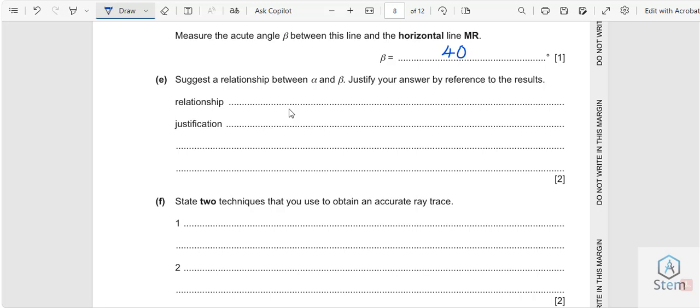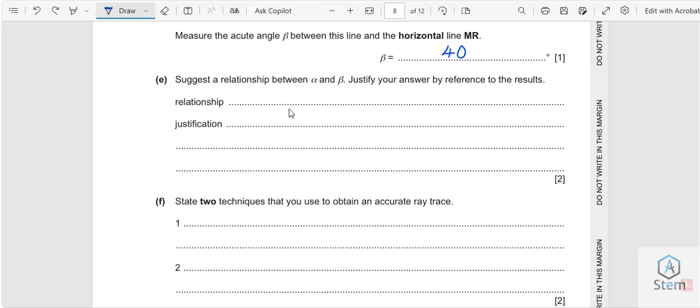This relationship was very easy to deduce because we can clearly see beta and alpha are equal, or very close to each other. In some cases, they may not be exactly equal. You may have alpha being 38 and beta being 40, for example.